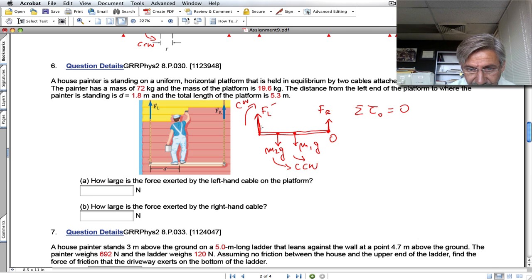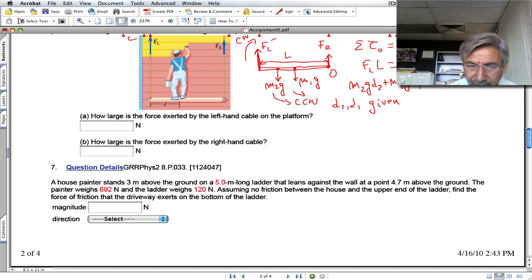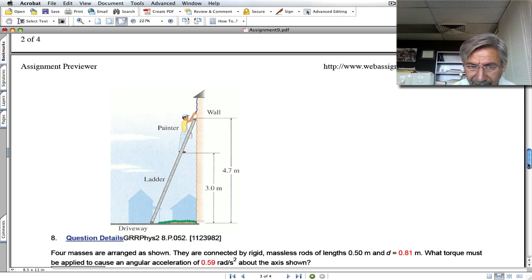So this one, if you know this distance, and you do, is equal to the sum of these two with their respective distances. And D2 and D1 are given, because all of these distances are given in some way or the other. Then you can go back and add the forces equal to 0, or you can do the torque around this point. Many choices.